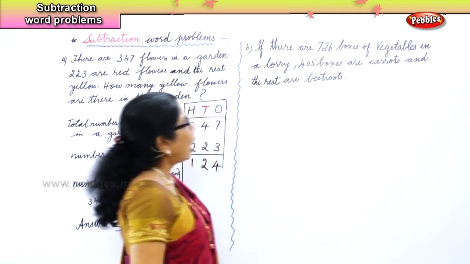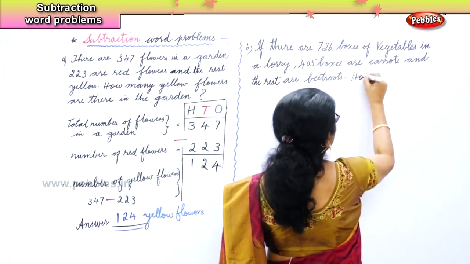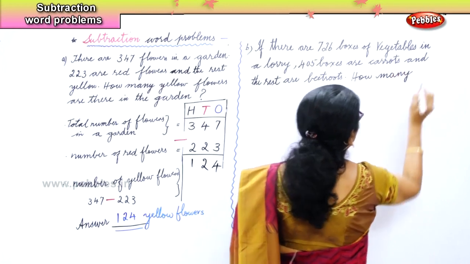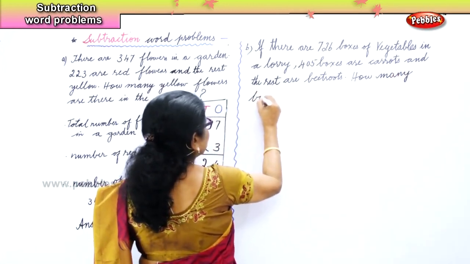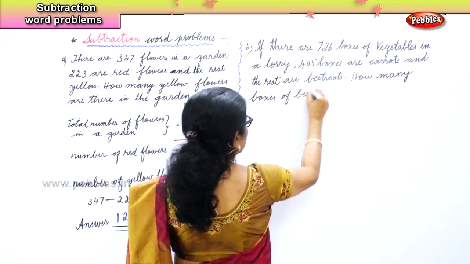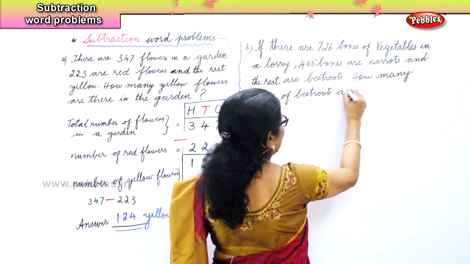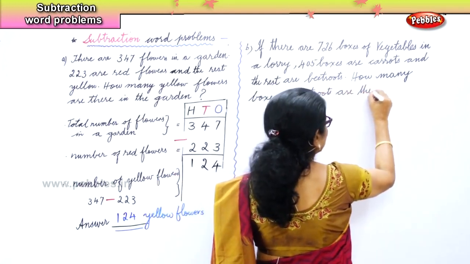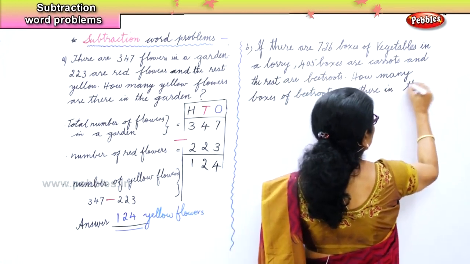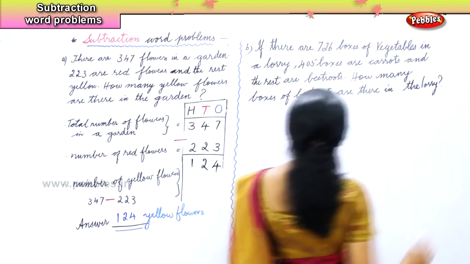The question is, how many boxes of beetroots are there in the lorry? That's the question now.